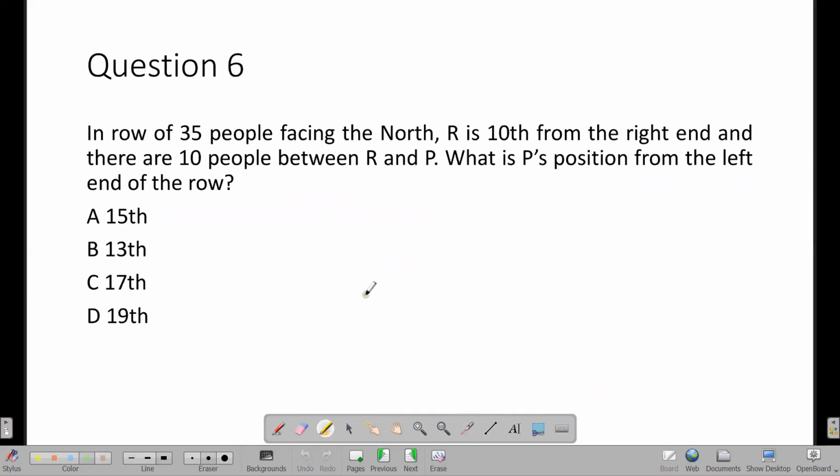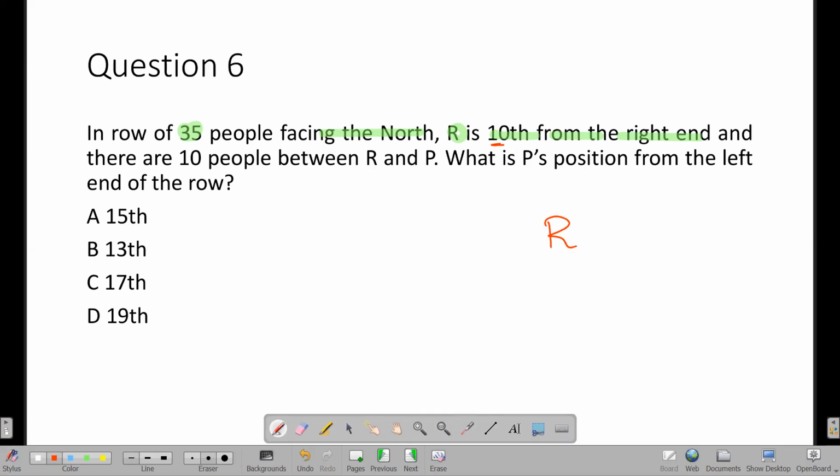Look at this question. Read the question. There are 35 people facing north. So altogether you are dealing with 35 people. It is given that R is 10th from the right end. So suppose R is located over here. Observe carefully.